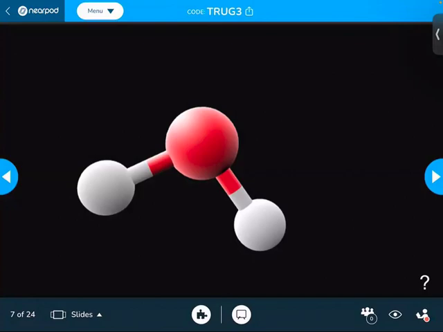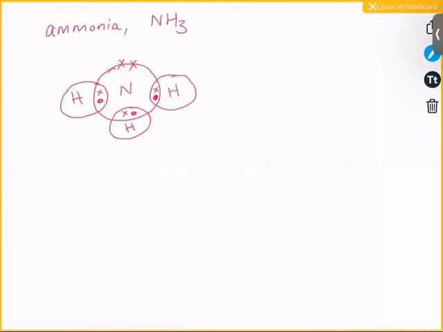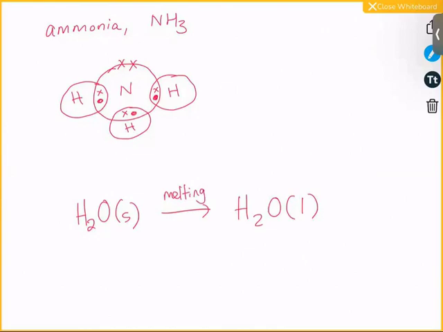The reason for that is, let's think about if I take water and turn it from a solid into a liquid. That is called melting. Water is still water though, it's still H2O. If I apply more energy and boil that water, I turn it into a gas.